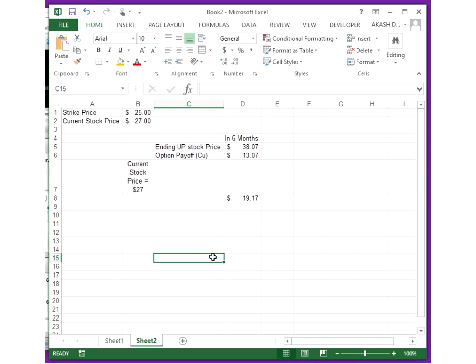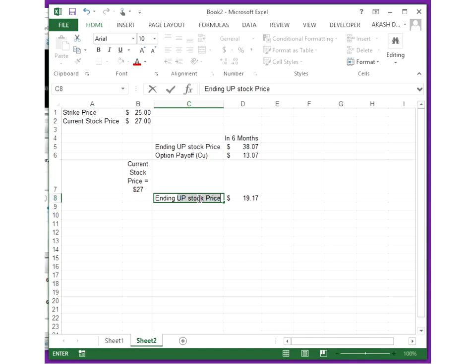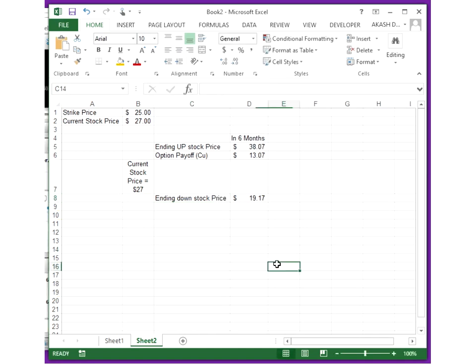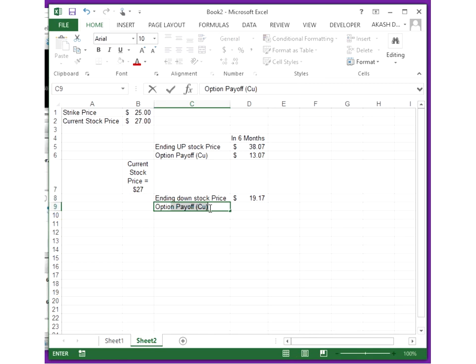Okay, if on the other hand you get the down possibility, that it may go down by a factor of 0.71, then the ending down stock price will be $19.17. In this case, the option payoff, which is going to be CD, which is in the case of down.